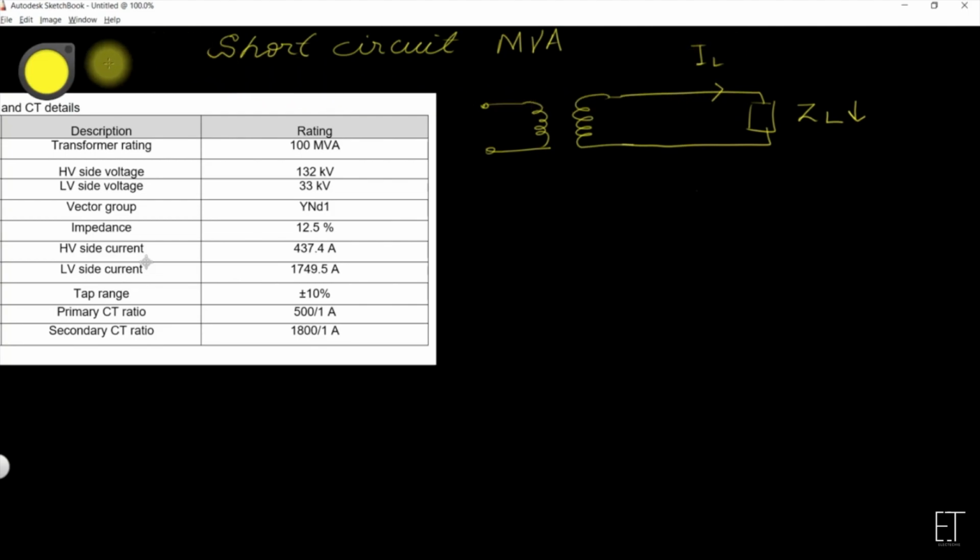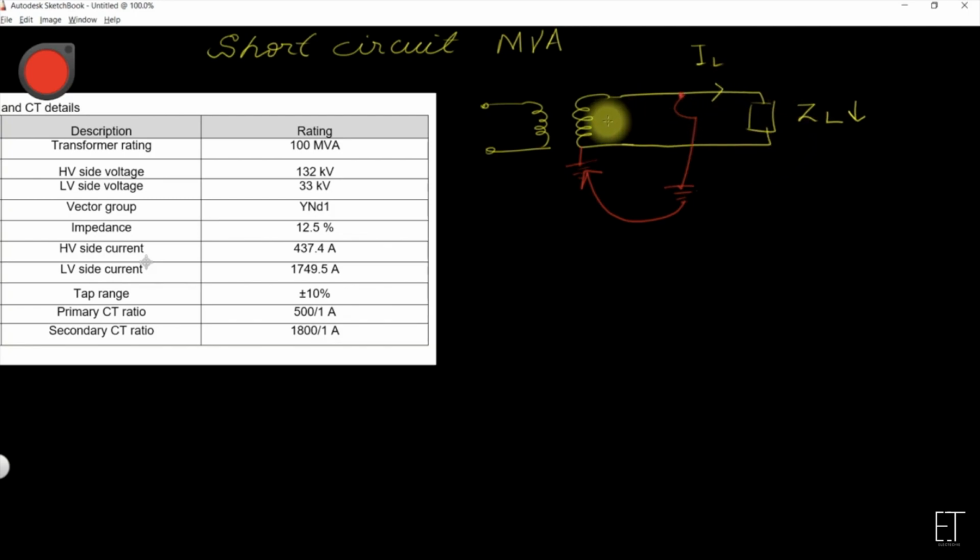But what happens if there is a fault on the line? For example, if there is a phase to ground fault on the line, then you can easily see that the load impedance will be completely bypassed. And for example, if the neutral of the transformer is also grounded, the current will flow back to the winding and this impedance is completely bypassed.